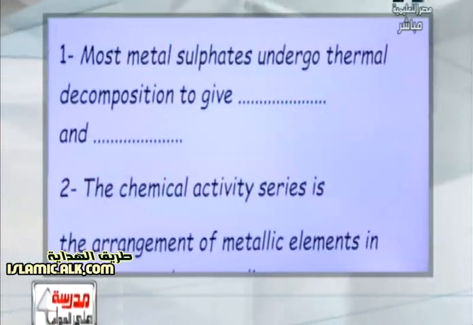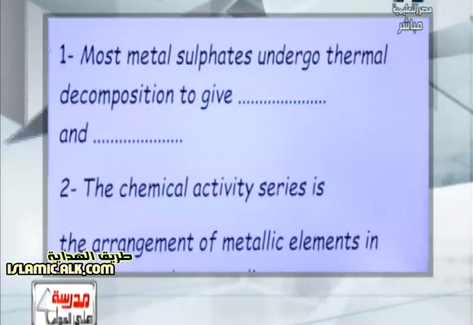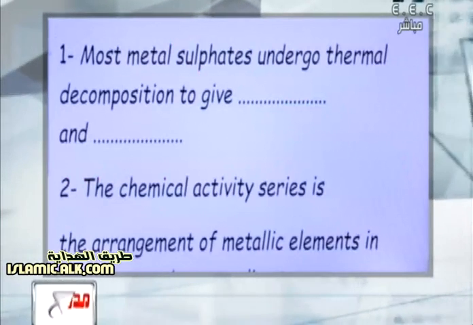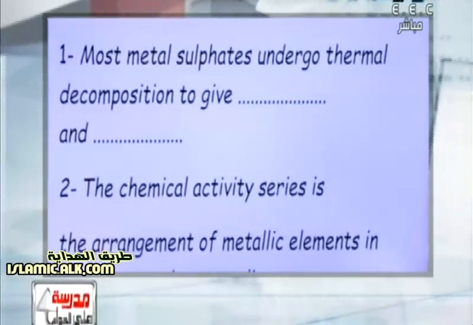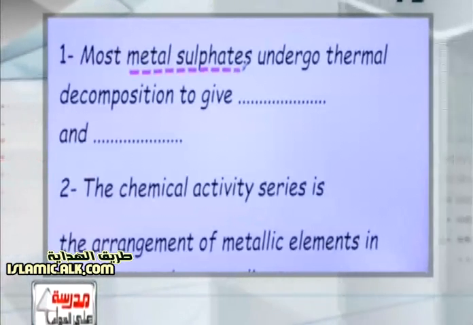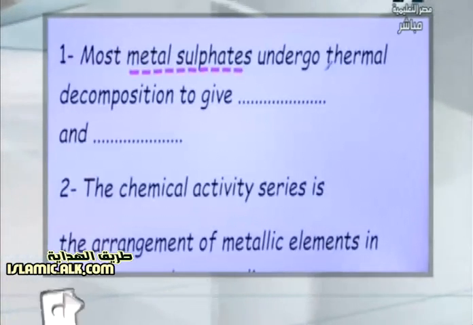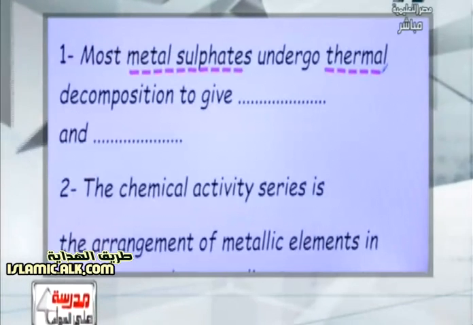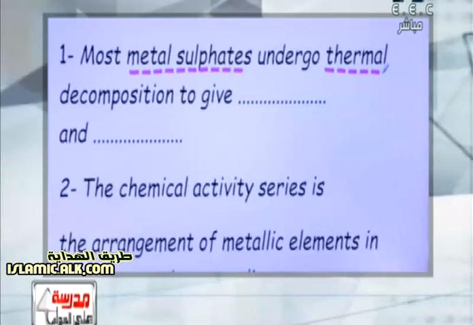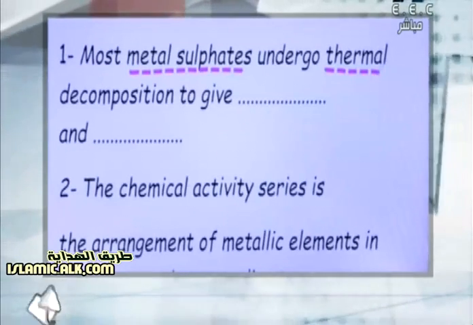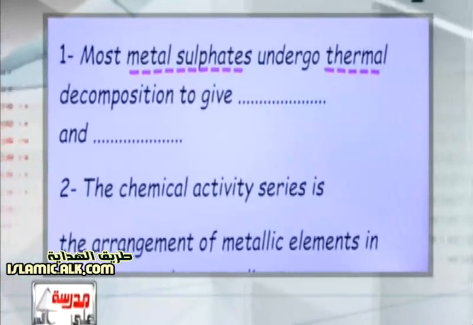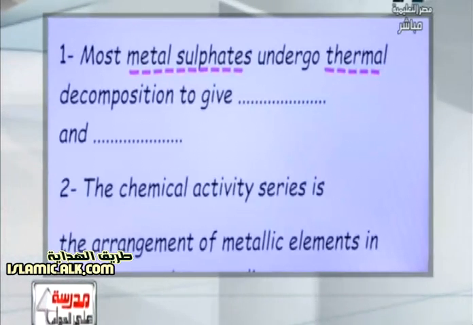Here we have an indirect question. It says most metal sulfates undergo thermal decomposition reaction to give what and what. We have only one example about metal sulfate in thermal decomposition reaction.